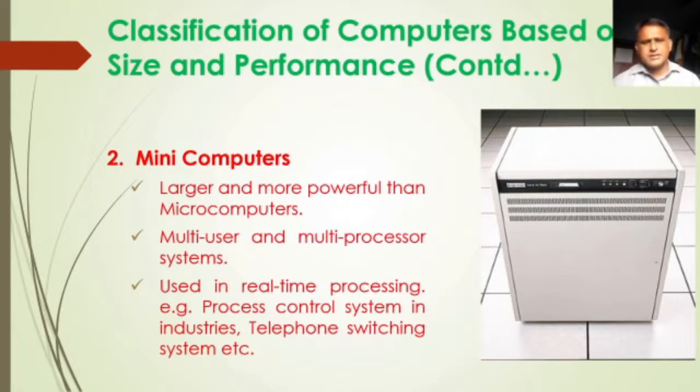They are larger and more powerful than microcomputers. They were used in third generation computers. They have a large CPU with a separate unit for memory, a separate unit for the ALU, and also a control unit. It has a very powerful CPU, and many terminals can be connected to it. So it is a multi-user and multi-processor system.